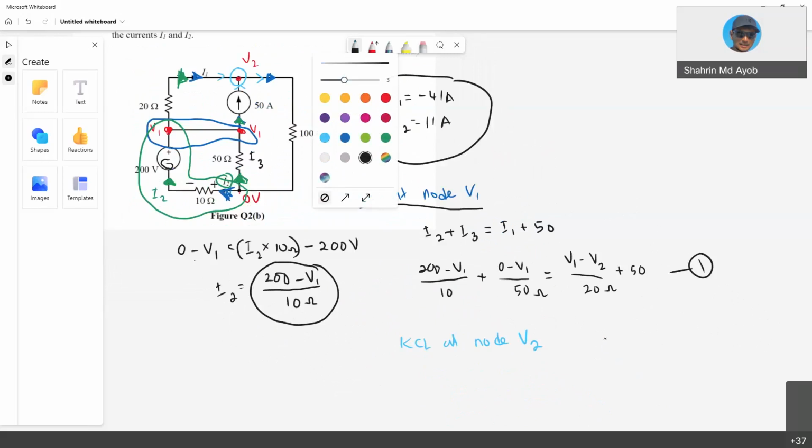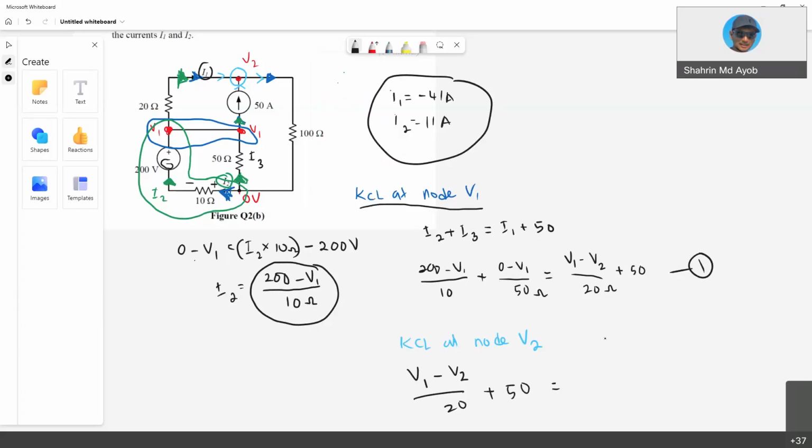So V1 minus V2, this one is for I1, over 20 plus the current source, equals V2 minus 0 over 100 ohm. So this is my second equation. So you have two variables, two equations. So use the calculator directly and then just write down your answer for V1 and V2.